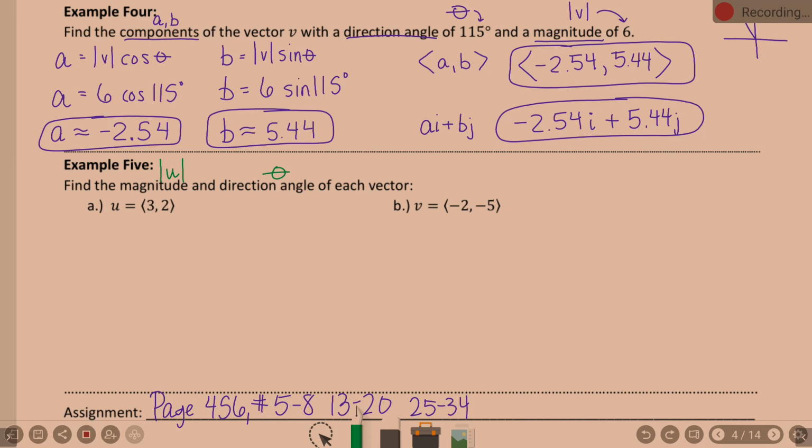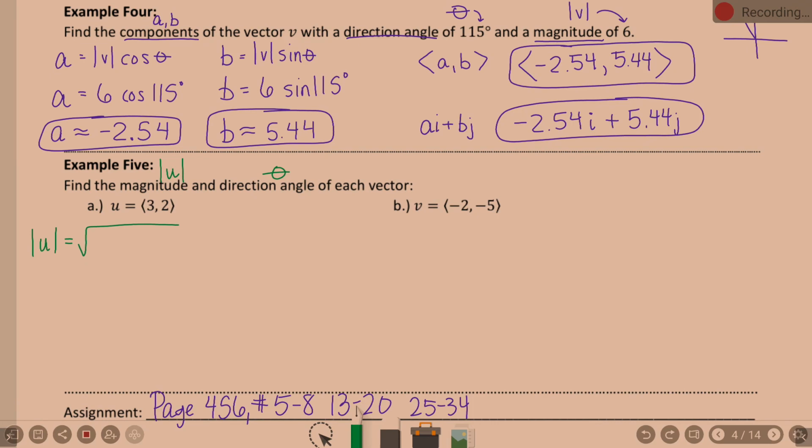So with that in mind, it says find the magnitude and direction angle. Let's start by finding the magnitude. How do we find the magnitude of the vector 3, 2? B1 squared plus B2 squared and take the square root. If you recall, when it's in component form, it's the square root of component 1 squared plus component 2 squared, right?